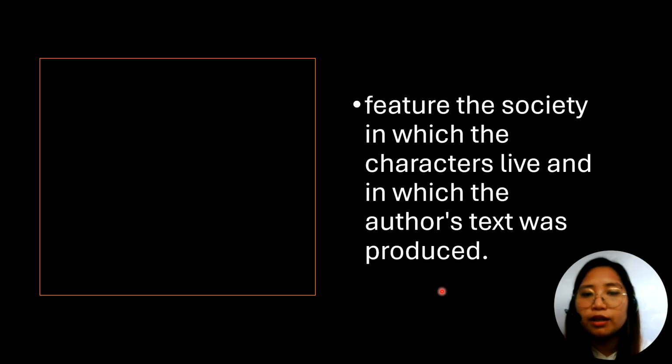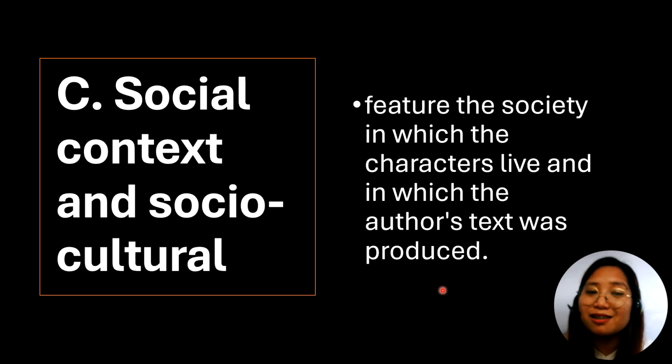Okay. Next is social context and sociocultural context. This is what I mean when we say the environment itself or the community affects how the text has its own meaning. It features the society in which the characters live and in which the author's text was produced.